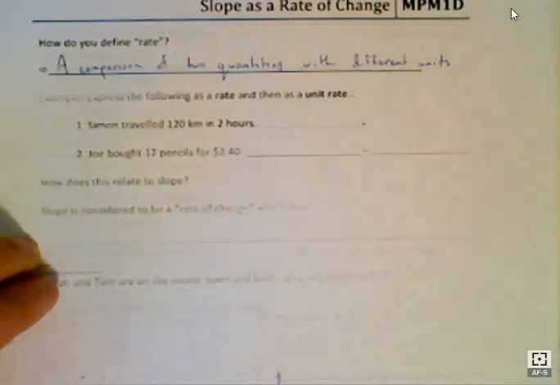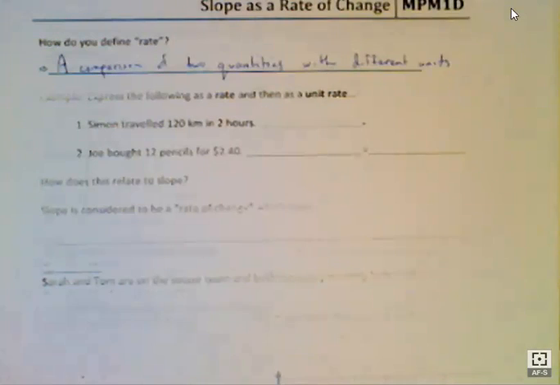We're going to look at just a couple examples right here. Our first one: Simon traveled 120 kilometers in 2 hours. This is an example of a rate that you see all the time when you're on the road, whether you're on your bike with a speedometer, or in the car with your family.